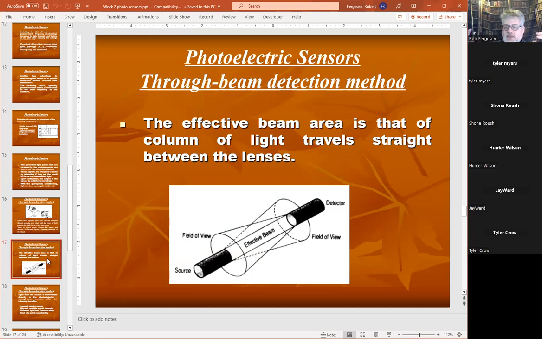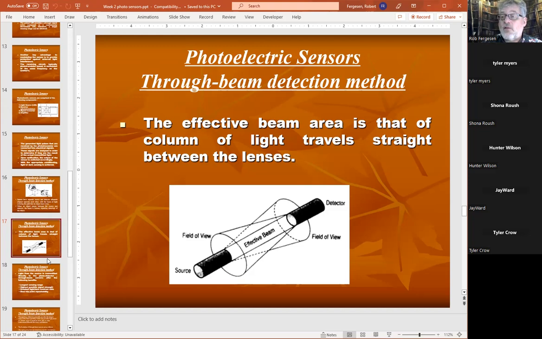The effective beam is considered that within the cone of each one of those emitters and detectors, that effective beam is simply the line drawn between the two. But both of those devices, both the emitter and the detector, have cones, so you can be slightly out of alignment and still do a good detection. Although, of course, you want to be in as much alignment as possible.